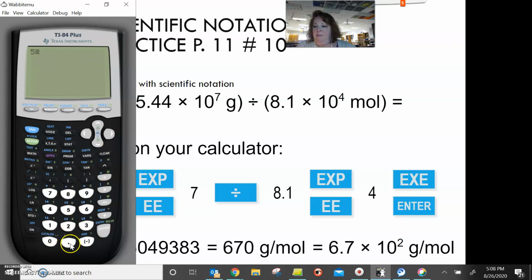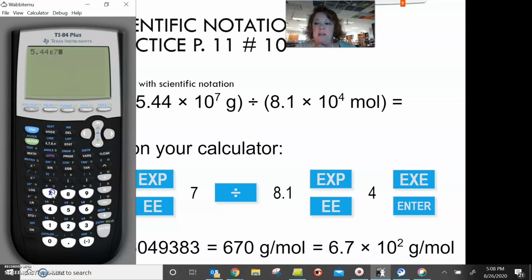Clear. 5.44. And to put in the exponent, we're not using a caret. We're not using times 10. You're going to do the second key and then the EE key. It's the comma key that's right above the 7. And this E tells us that that is the exponent. It's a times 10, and it's waiting for you to put in the exponent.